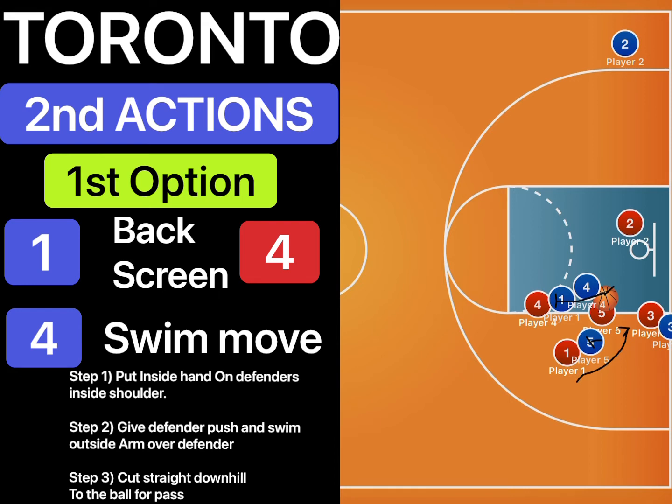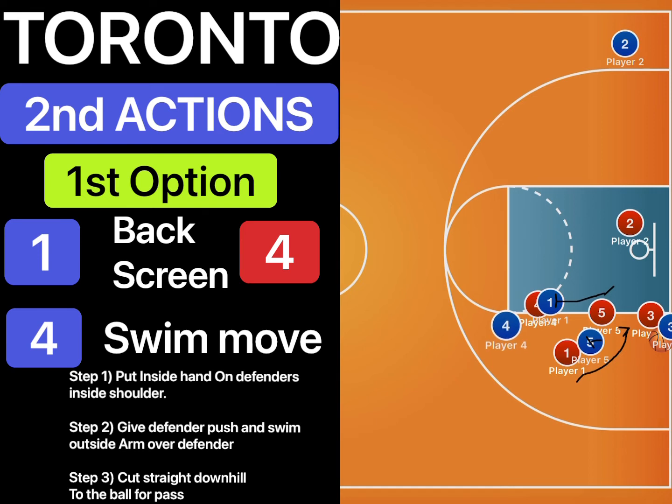Okay. Rewind that. Bring the ball back. So again, one cuts through off of that screen and it's not there. One immediately goes straight up and sets a good solid back screen, a little bit of a bump screen on four.